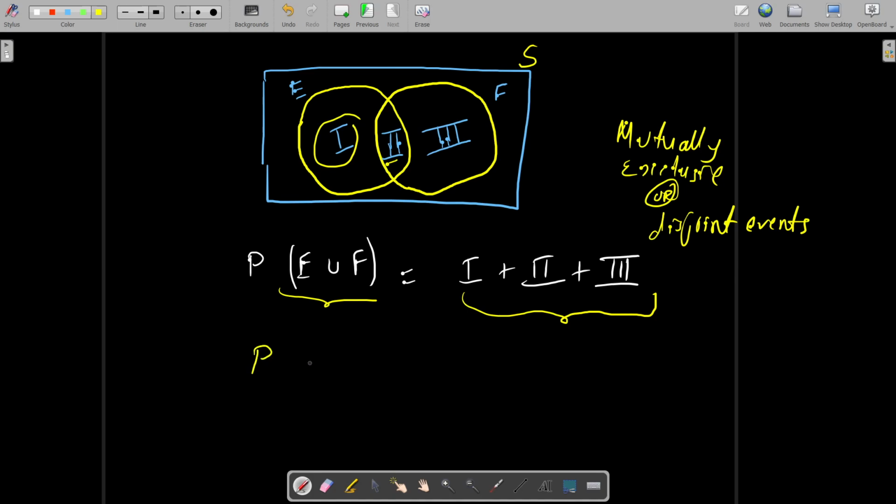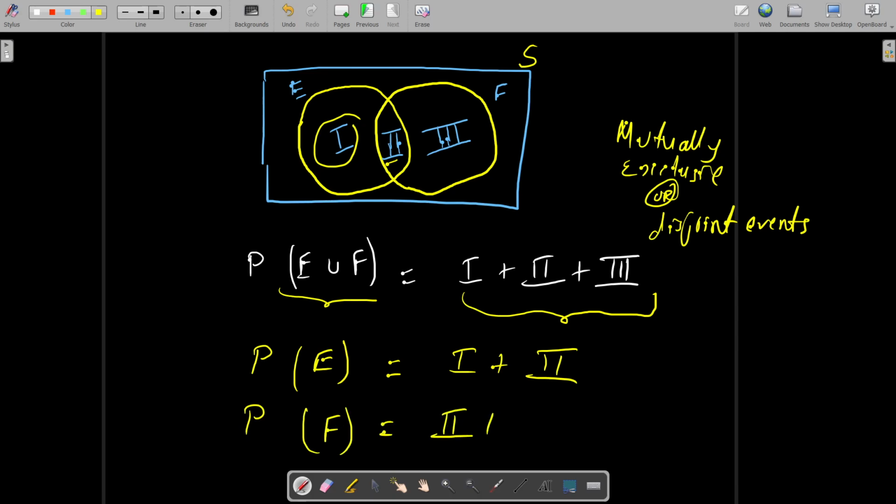So let me write the probability of event E. E will be just 1 plus 2, while we can write F as 2 plus 3, correct? It's also intuitive that the intersection, let me write that as well, the probability of E intersection F is what is common, 2 is common in between, right?